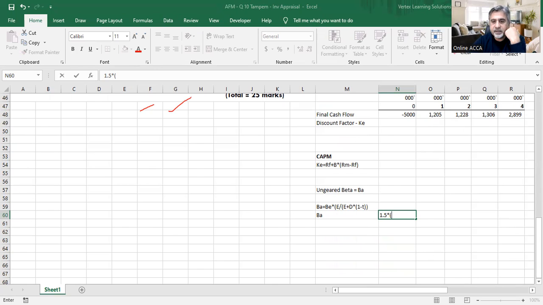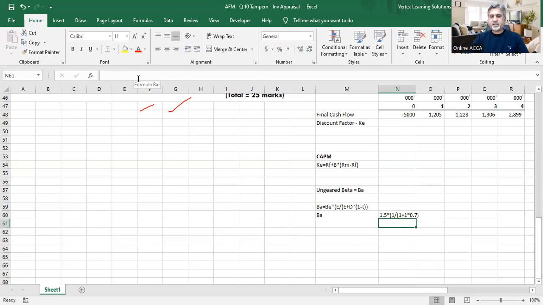So 1 divided by 1 plus 1, into 1 minus T, which is 0.7. And I put a bracket, something like this, if I'm not making a mistake. Do I need to put a bracket on the top?